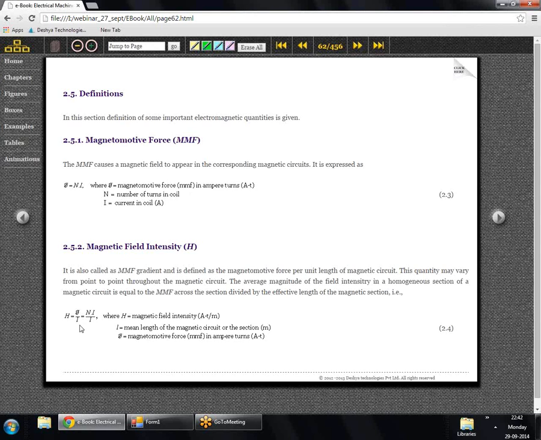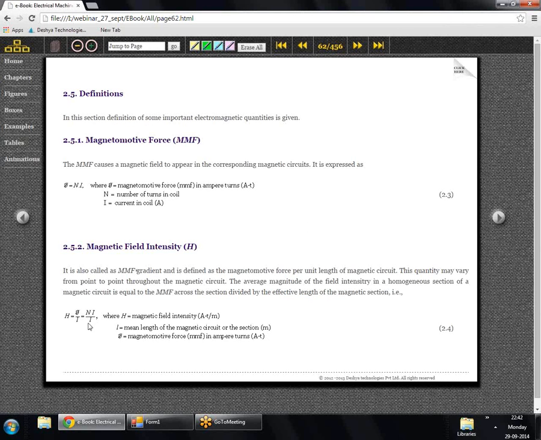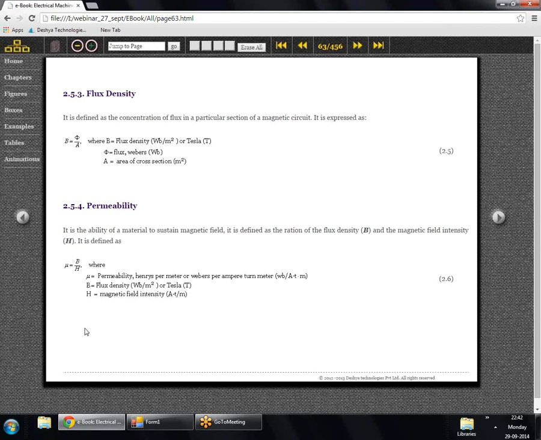We can't have an open path. If we look at this figure here, the flux lines are closing a path. Clear? So L is the total length traveled by these flux lines. It is this L which is used in expression 2.4, and the SI unit for magnetic field intensity is ampere turn per meter.